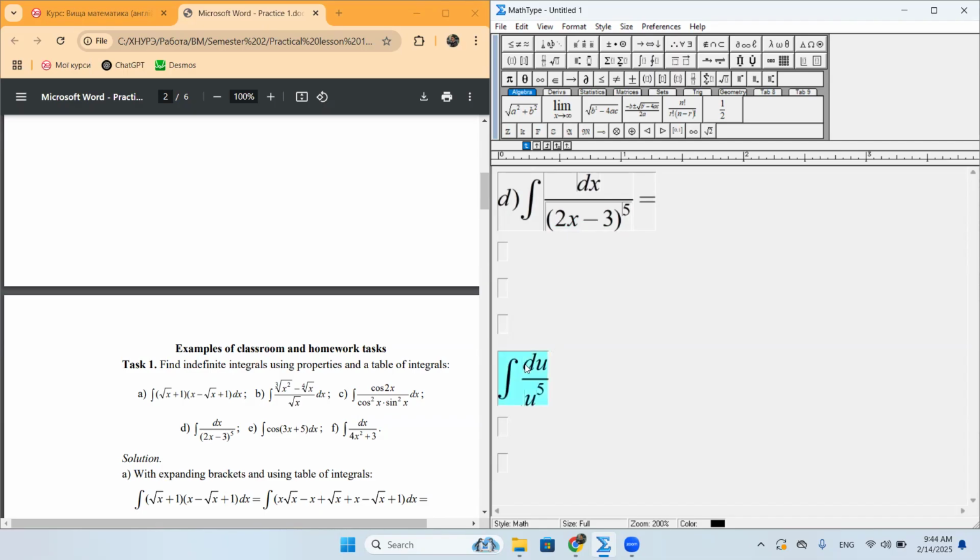Yeah, I know, I understand what you mean. But what about this integral? How can it be transformed? We can write 2x minus 3 in minus fifth power. Yes, but what is next?